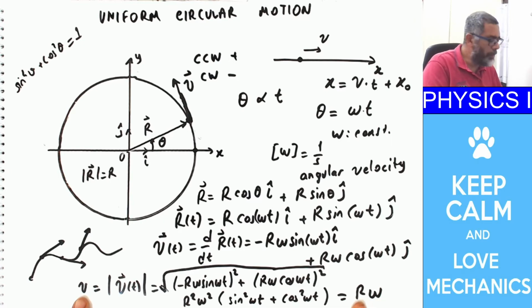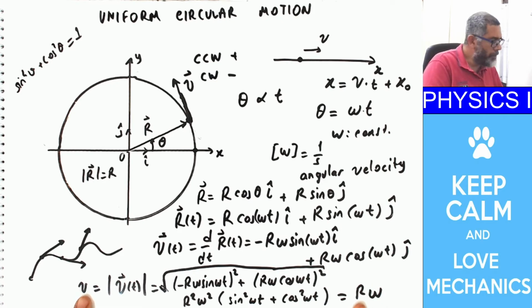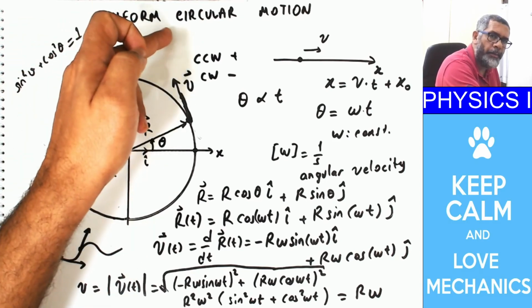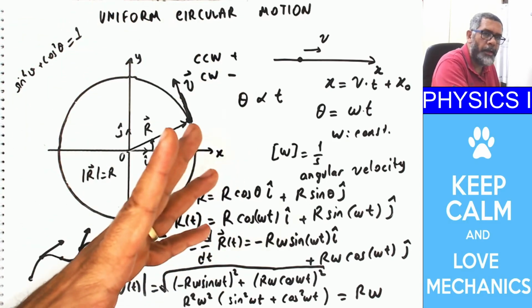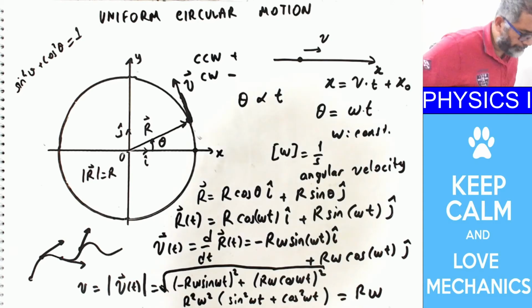R is constant and omega is another constant, and v is independent of time. If we want to see whether speed depends on time or not, obviously we shouldn't have a time dependence, because we're talking about uniform circular motion. That means a constant speed circular motion, constant in time.